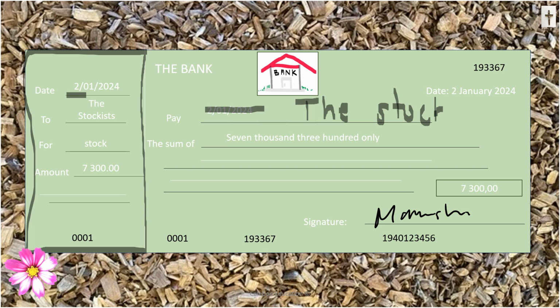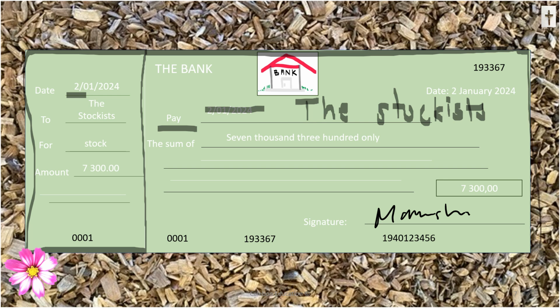That's from whom we purchased stock. Calibre Education has purchased stock from the stockist. So it's pay the stockists. The stockist is a shop or a supplier of, in this case here, Calibre Education is buying educational posters.